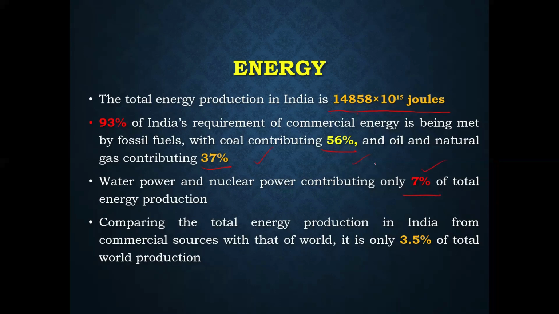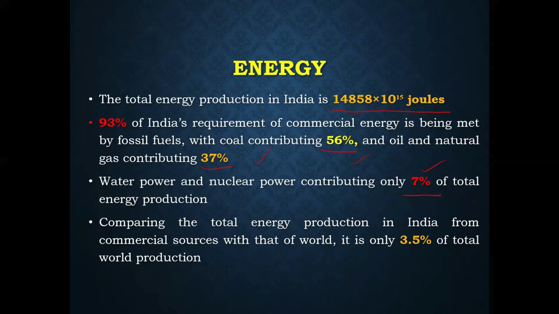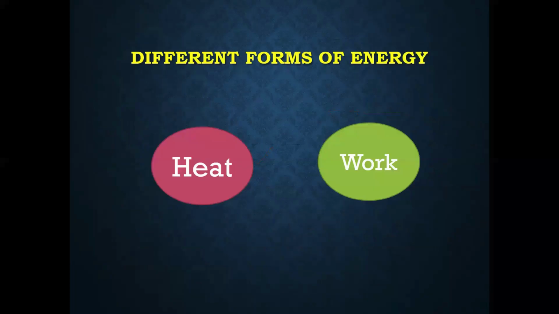That means what we come to know is most of our energy requirement we are taking from the fossil fuels. So now there is a scope for the renewable energy sources to replace this. So this much is the energy production in India. Now we compare it with the world. When we compare our energy production with the world, it is only 3.5% of the total world production.